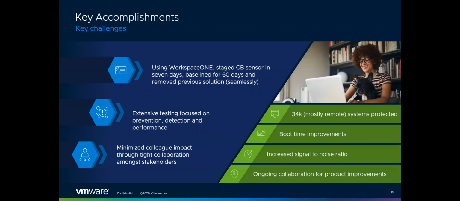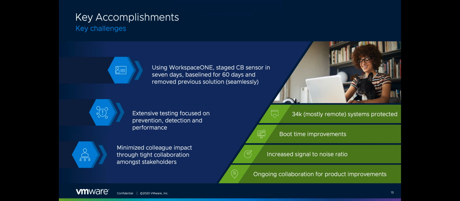So ultimately, in summary for the initiative, we had 34,000 employees, mostly remote, systems protected. We actually experienced boot time performance improvements upon the implementation of Carbon Black Cloud, which was great to see. We also increased signal to noise ratio. And this goes down to some of the filtering that we applied at the Carbon Black event forwarder.